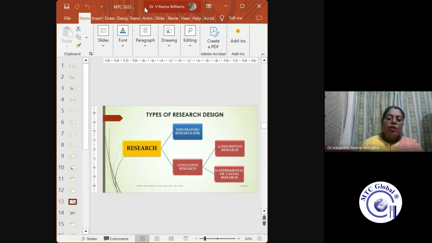Okay, so research design could be of two types. One is exploratory design or research, or it could be conclusive research. And for exploratory research, I've written FIR just to make it easier to understand. You know what an FIR is, right?